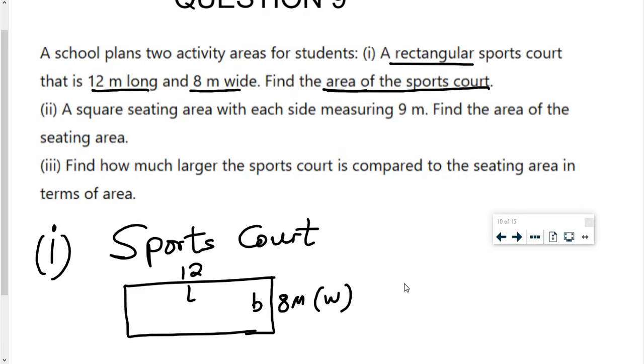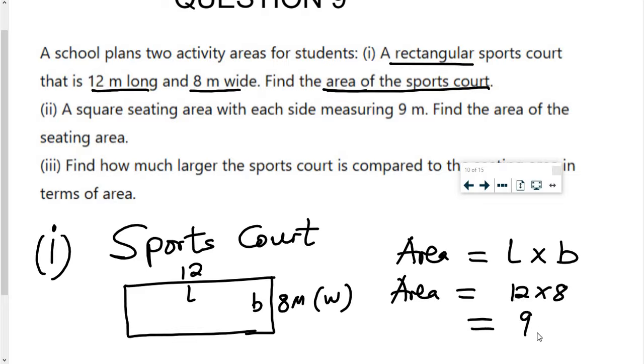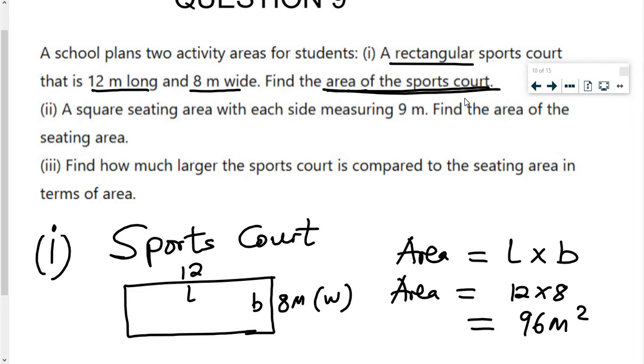Now question, find the area of the sports court. So here you write area of the sports court equals length into breadth, because it is a rectangle. So area will equal 12 into 8, answer will be 96 meters square. That is for sports court.